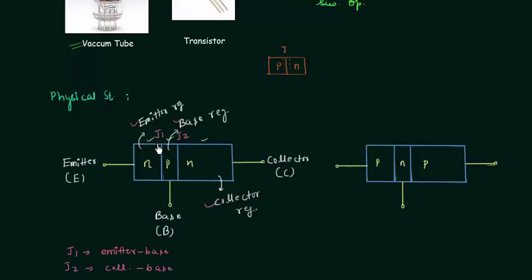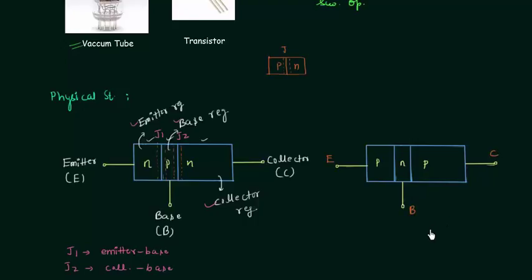In the same way, we have depletion layer across junction J1 and depletion layer across junction J2. I will explain these things in great detail in the coming presentations. The same thing will happen with PNP transistor. This terminal is emitter terminal, this terminal is collector terminal, and this terminal is base terminal.